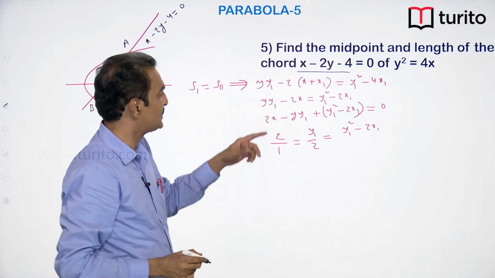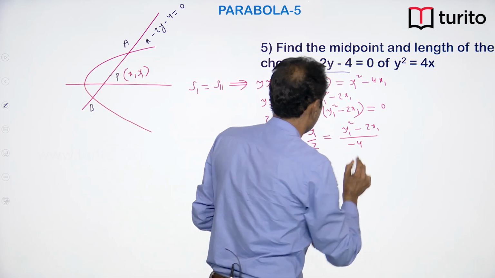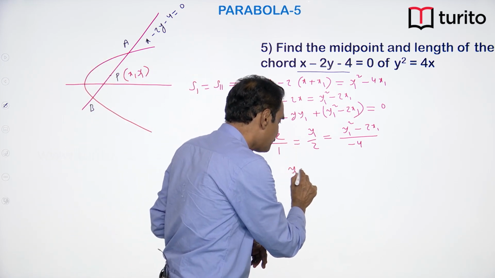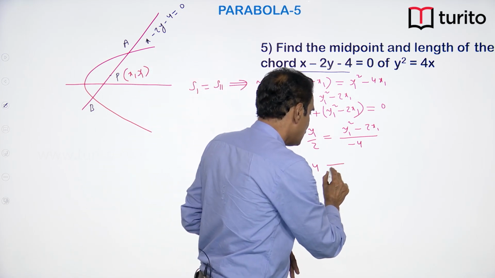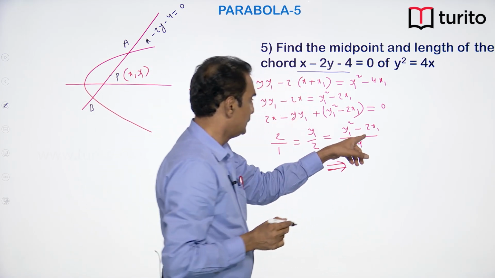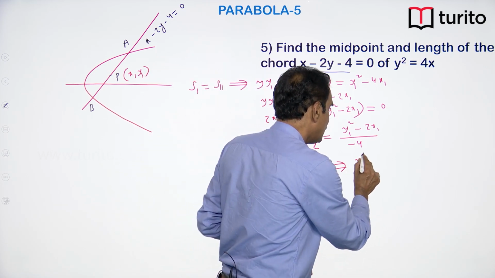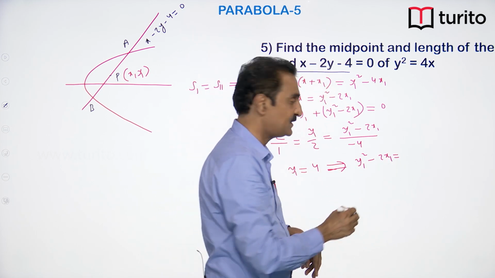y1 square minus 2x1 by minus 4. Then we get y1 is equal to 4, 2 into 2, 4. Then equating this and this, we get y1 square minus 2x1 is equal to minus 4 into 2, minus 8.